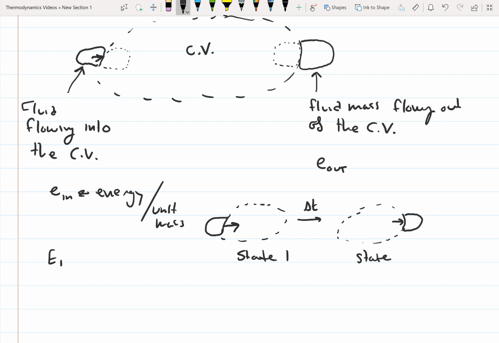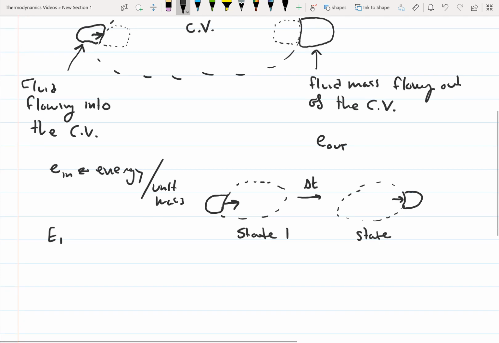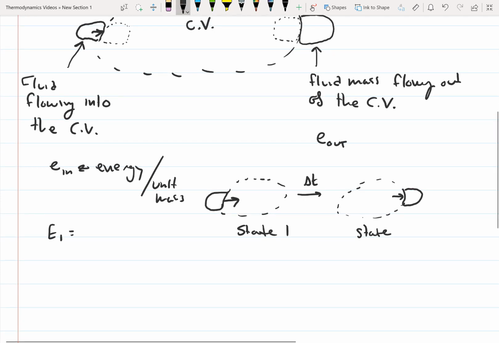So what we can do is say that at state 1, E1 is equal to the energy that's already associated with the control volume plus the energy that's carried in with the mass, so with this differential amount of mass.